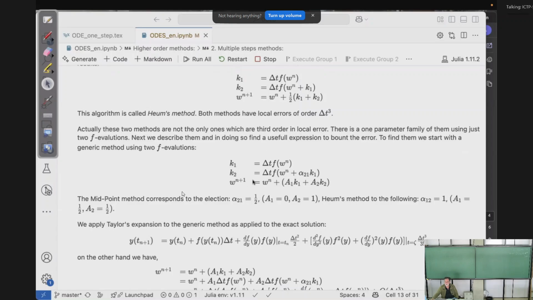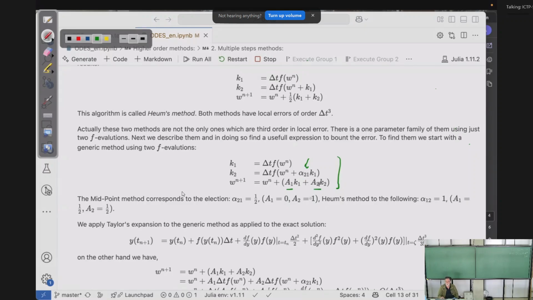Here you compute K1, then you compute another K2 using some weight here. So this is how much you advance with K1. And then you do the average here. You take some A1 plus A2, K1, right? So you can think of this method.